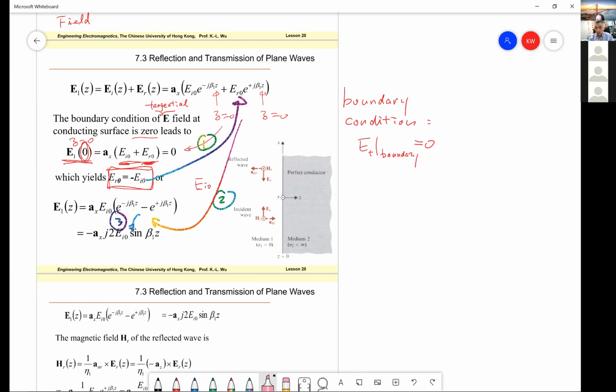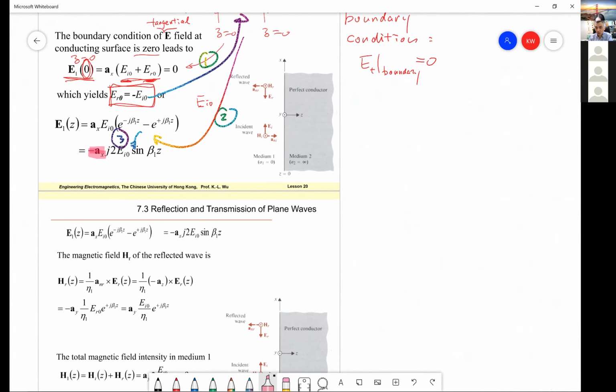The polarization direction in the x direction, this assumption works. The reflected wave polarizing in the x direction works, so our initial guess is correct. We don't need to find another possibility, so this solution exists.